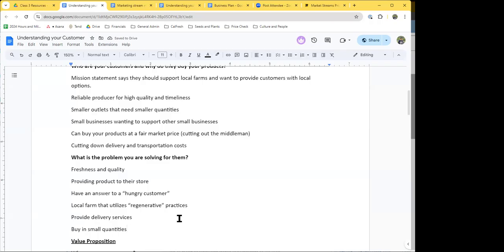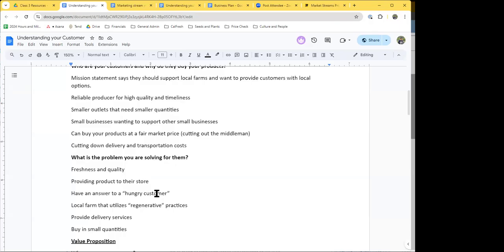I think solving a problem for them feels really important when it is a stricter structure. With Peoples, since they're a shareholder owned cooperative and they have bylaws, in those bylaws they make a commitment and define what local is and how much of their produce is going to be local, or they made a commitment to not sell meat products. So they have a lot of strict requirements of their own business.